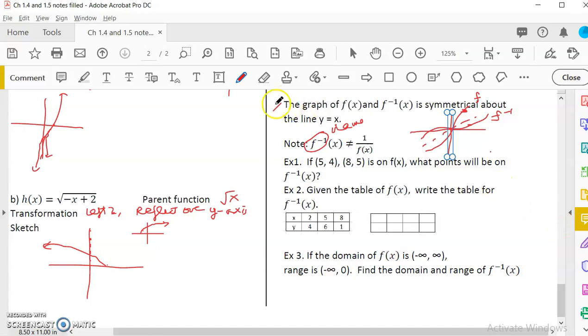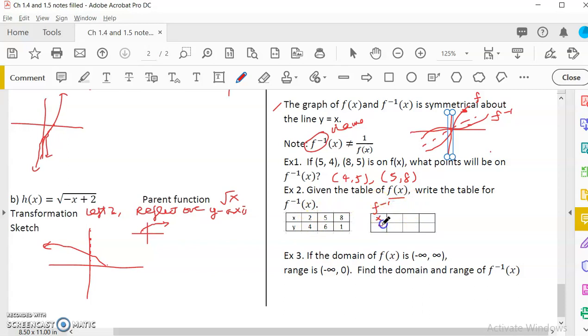Let's practice doing those properties of the inverse function. If I have 2, 4 and 5, 8 on f of x, what points would be on the inverse? Well, 4, 2 would be, and also switching x and y, 8, 5 would be, right? And then here we have a table of f of x. So what is the table for f inverse?